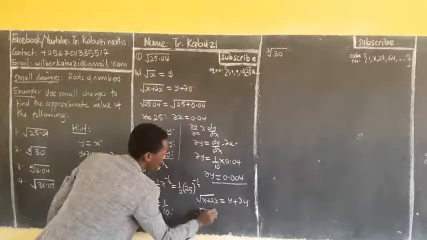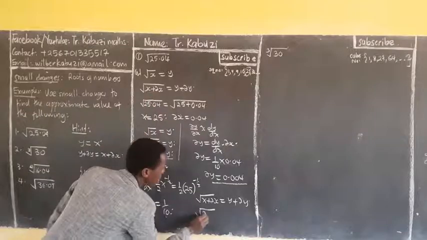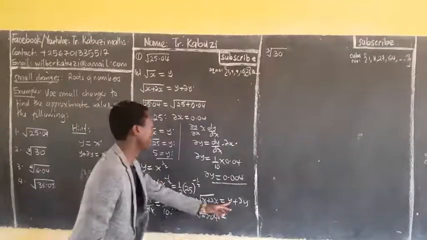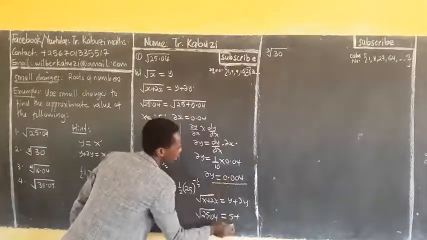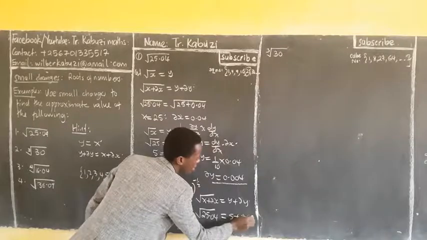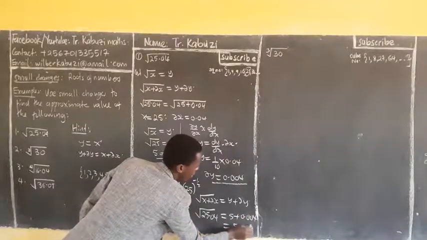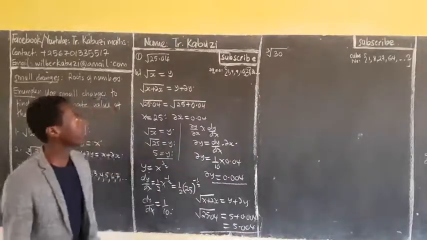And now my x is 25 plus delta x, which is 25.04, will be equal to my y, which is 5 plus delta y, which is 0.004, which will be now 5.004. And in the present calculation of this, I think this is the approximate value you get.